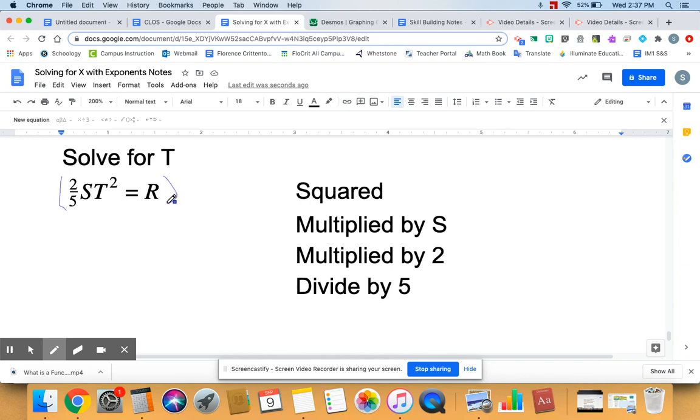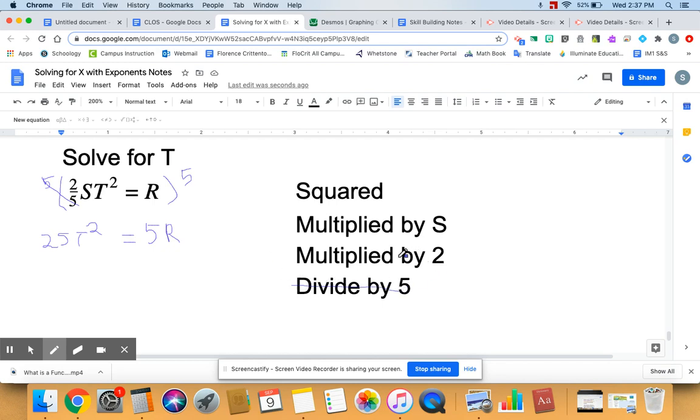So the first thing to get rid of it, the inverse of dividing is multiplying, so I multiply it away. These cancel. So then I have s times 2 from the 2, then the s, then the t, getting squared, equaling r times 5, which is just 5r, because we always write the numbers first.